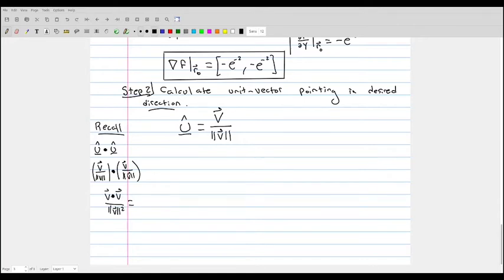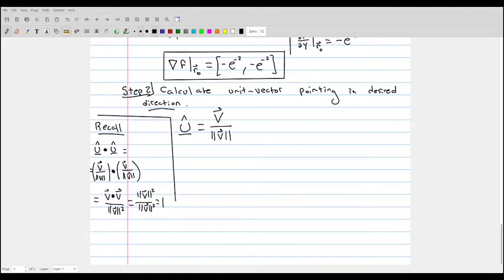And the dot product of any vector with itself is just its magnitude squared, or its length squared. So that's equal to 1.